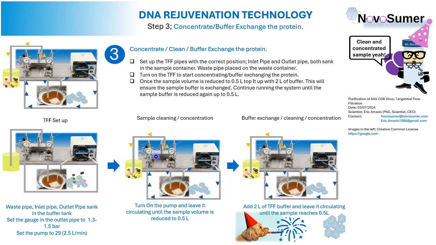In the TFF, the protein that cannot pass the pores will go to the sample container again, and the excess of contaminants and buffer will go to the waste container. So at the end of the process, you will have a small volume of concentrated EVs that is also very, very clean. Okay, understood this step?